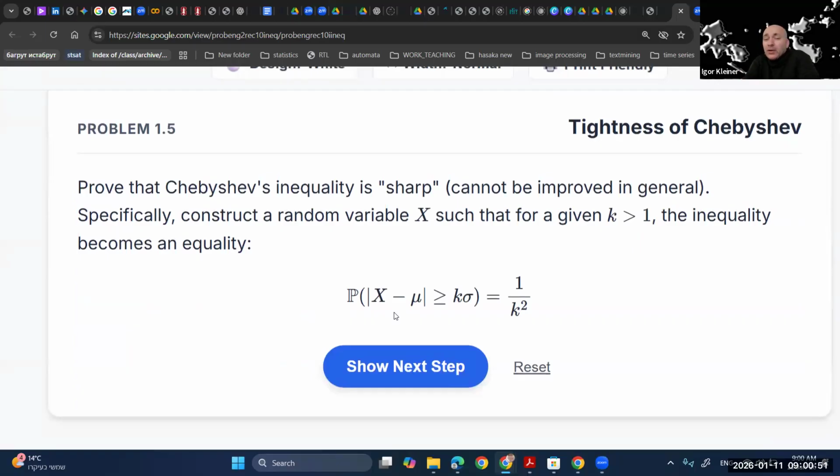Here we want to prove that Chebyshev inequality is tight, meaning it can't be improved in general. Again, to prove that Chebyshev inequality is tight, it's enough to provide an example of some random variable such that the inequality goes to equality. That's all.